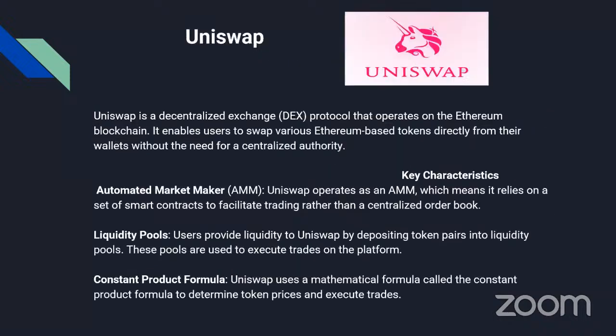So let's look at some of these decentralized applications. The first one I want us to look at is Uniswap. Uniswap is a decentralized exchange. You can go to Uniswap and swap any ERC20 token. It's a decentralized exchange in the sense that there is no middleman, like we always mention.